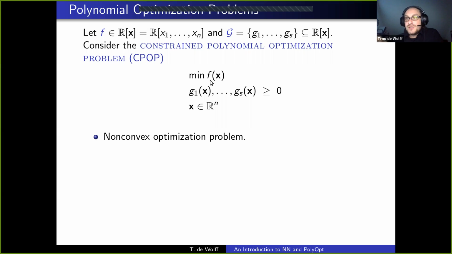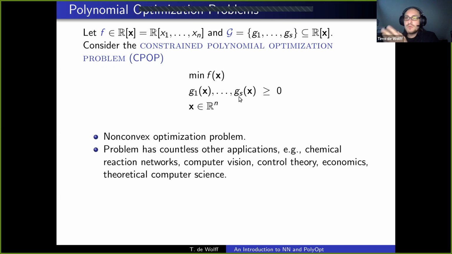You can easily see this: if you take no constraints and one polynomial in one variable and draw the graph, you see this is in general, of course, not convex. However, this is a very general family of problems that is described here.